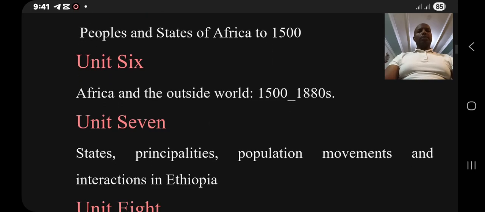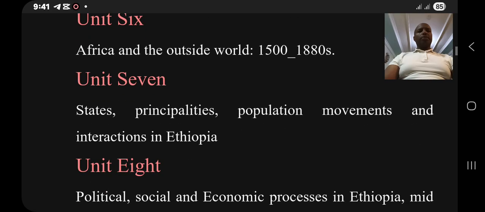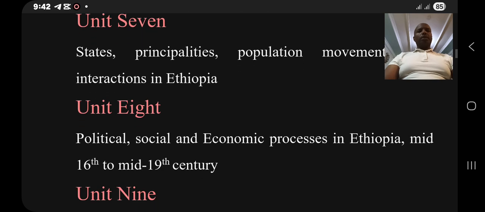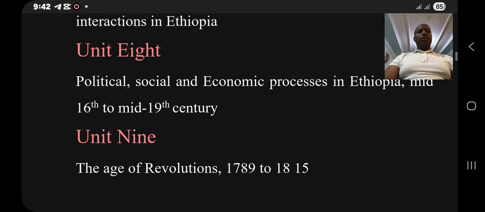Unit 7 includes states, principalities, population movement, and interaction in Ethiopia. Unit 8, Political, social, and economic process in Ethiopia, mid-16th to mid-19th century. The last unit includes the Age of Revolution from 1789 to 1850.